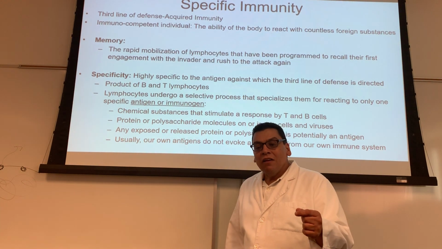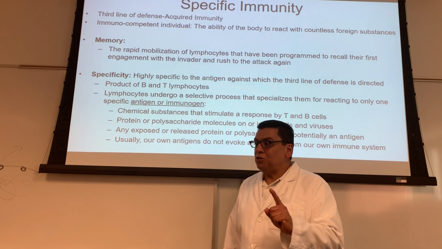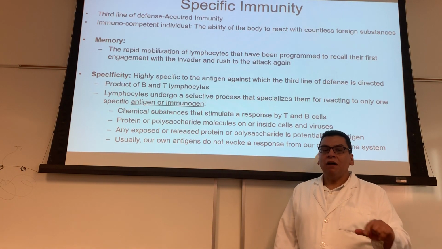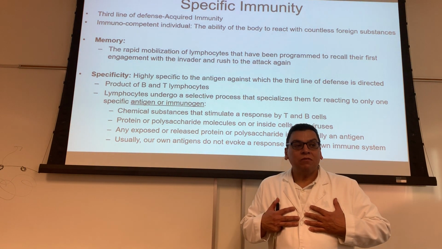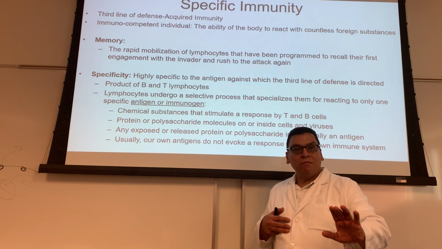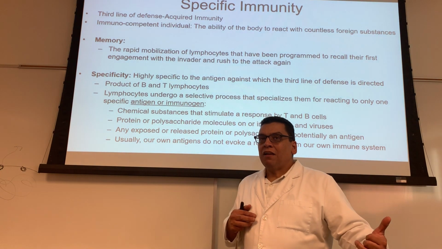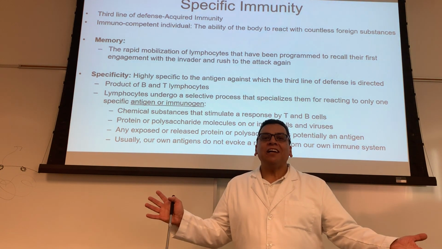So we can take this to our advantage through vaccination. When we inject a component of the pathogen in you, not the pathogen, because the pathogen would get you sick. No. We want to use the system to our advantage. We want to prime your immune system so that if you see the real thing, you'll already be ready. You will have already figured out a way to kill it.